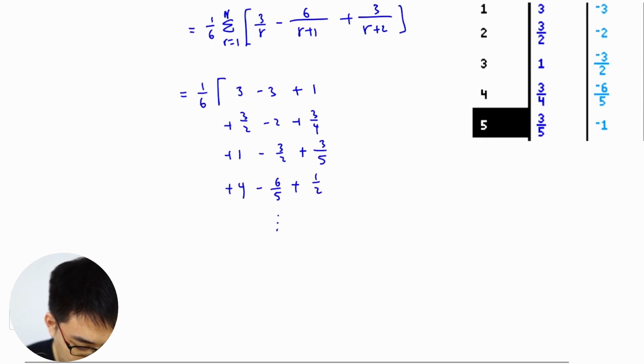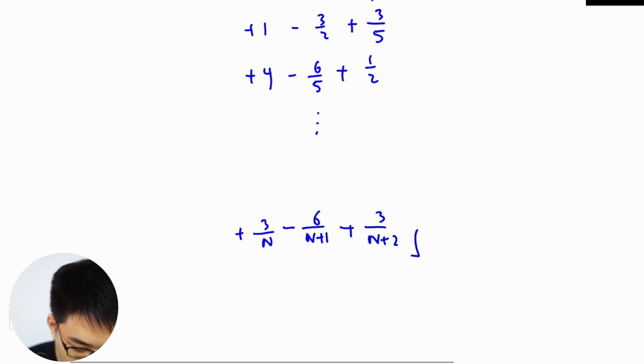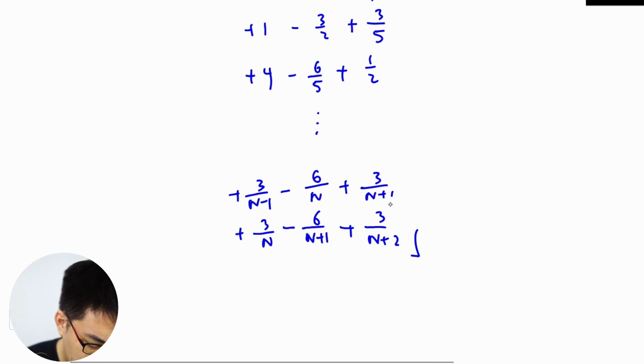Then the last 3 will be 3 over n minus 6 over n plus 1 plus 3 over n plus 2. Then after that, you have got plus 3 over n minus 1, 3 over n plus 1.